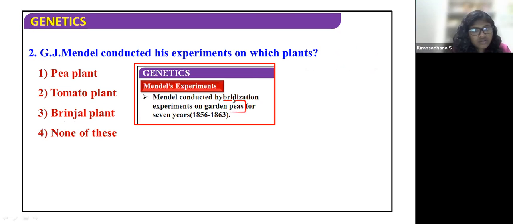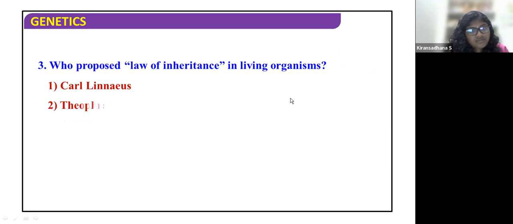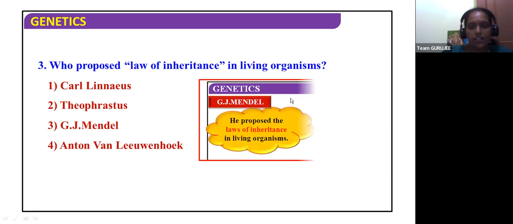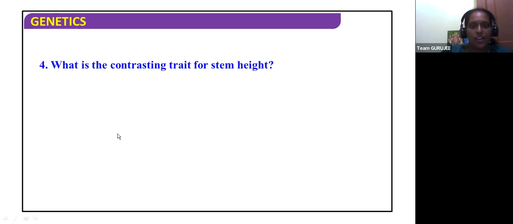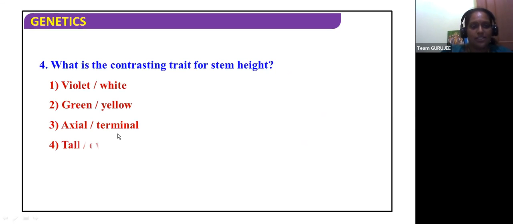On garden pea plants. What is the biological name of the pea plant? Anybody? Pisum sativum. Very good. Pisum sativum. We'll be using that term from the next topic onwards. So who proposed the law of inheritance in living organisms? Gregor John Mendel. Okay, fine. Contrasting character. Okay, all these questions are very basic. I know all of you will answer.